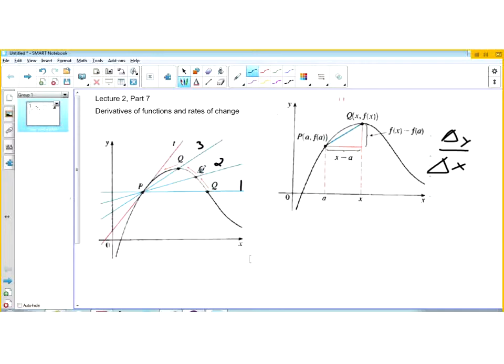The intent of this drawing is to show that as Q advances toward P, the secant line converges toward a tangential line, which is shown in red. We've discussed this many times in the past, and we'll talk more about this.